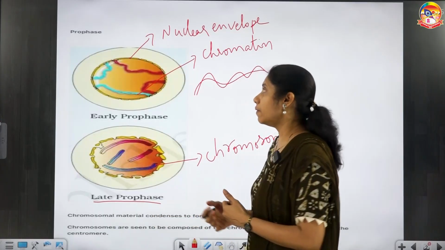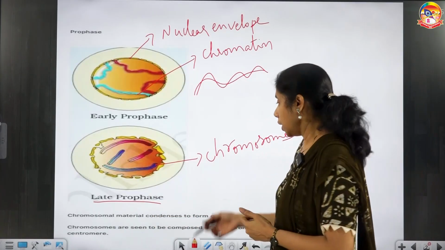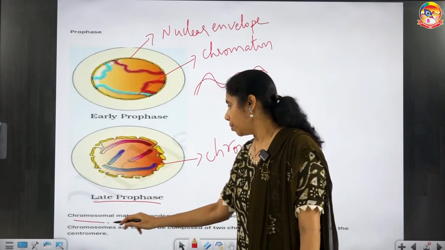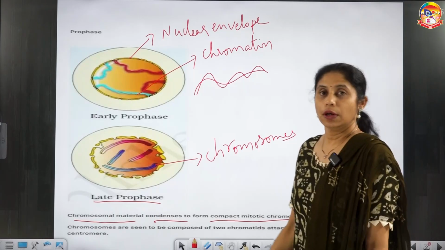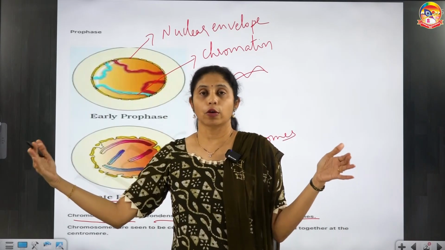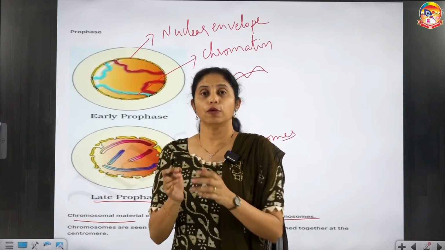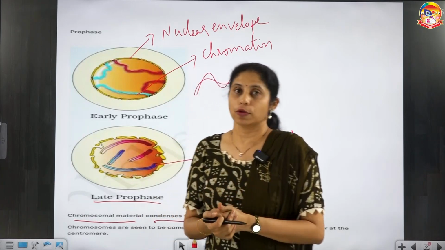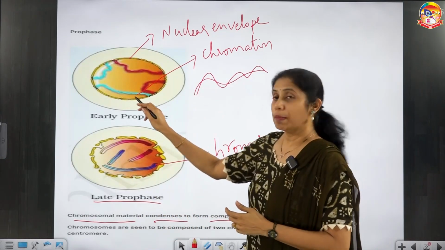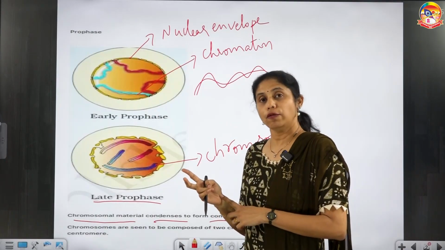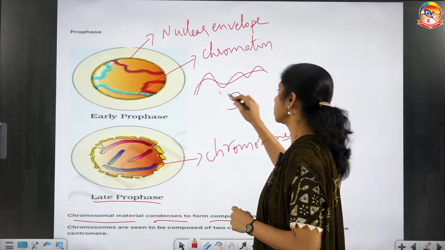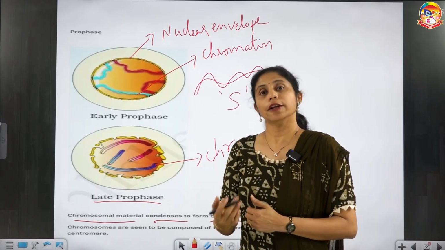Let us see the main events of the prophase. In the prophase, first the chromosomal material condenses to form the compact mitotic chromosomes. This elongated chromatin will condense together to form the short and compact chromosomes. But here you should remember that all the chromosomes have two sister chromatids, which are actually formed in the S phase, the synthetic phase of the interphase.